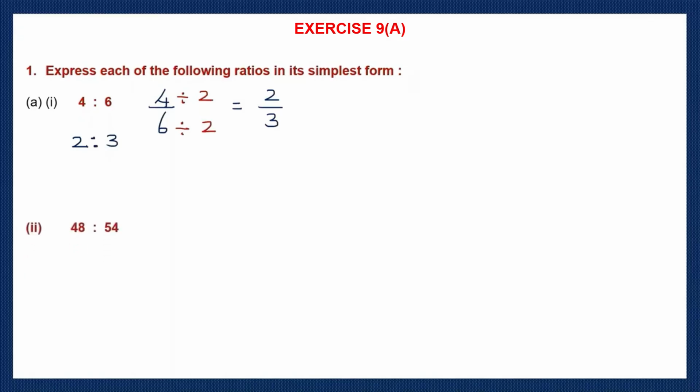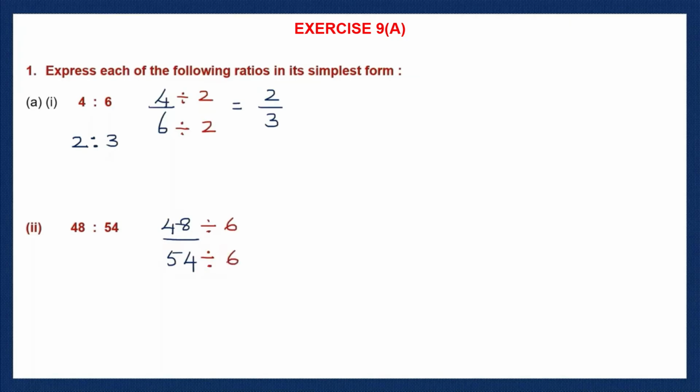Question 2, 48:54. So let's write that as a fraction, 48 by 54. Now we need to reduce it to the lowest term, divide both by a common factor, and the common factor here can be 2 or 3 or 6. Now let's use 6.